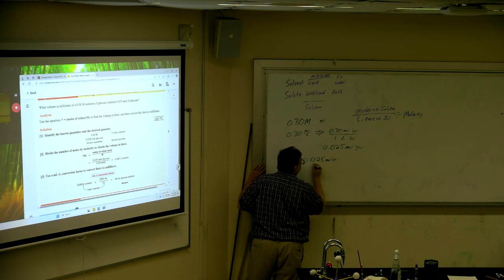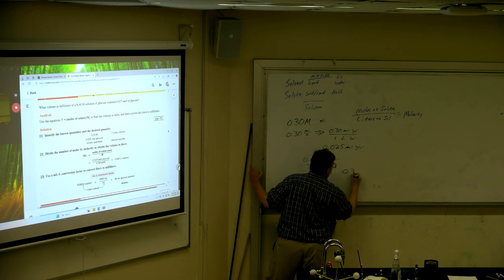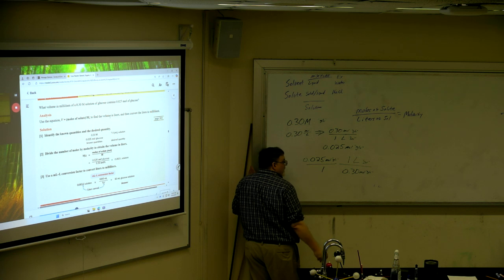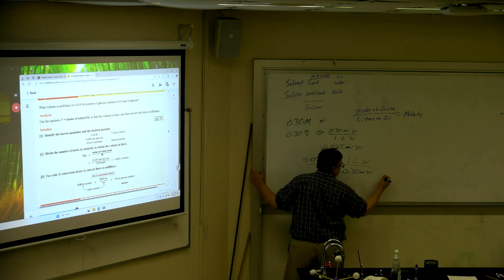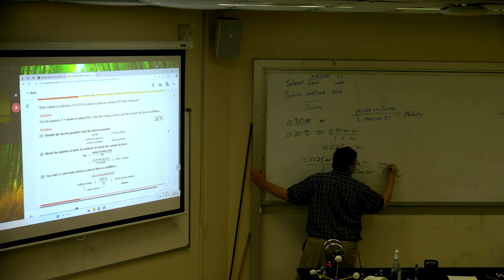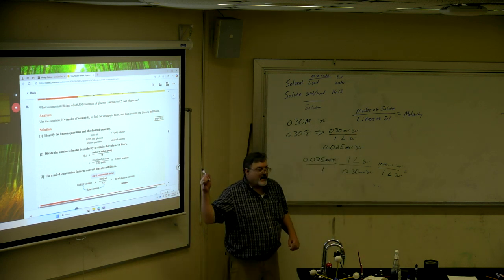Moles of glucose. Now we're going to use this, but moles needs to be on bottom, so 0.30 moles of glucose per 1 liter of the solution. It asks for it in milliliters. This conversion is common in these types of problems, but you want liters on bottom. So 1 liter of solution is 1,000 milliliters. And that'll put you in milliliters of solution, which is what you've been asked for.